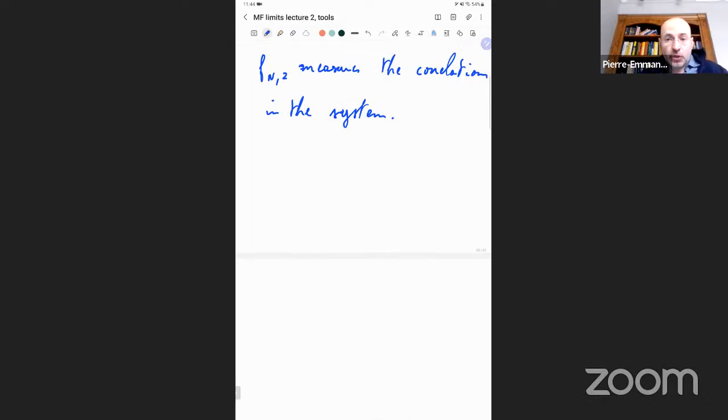And those objects we can connect with the two objects that we have already defined. So obviously, if I take all of them, this is just Fn, and this is just the joint law that I had introduced before.